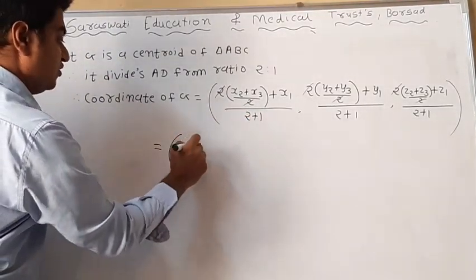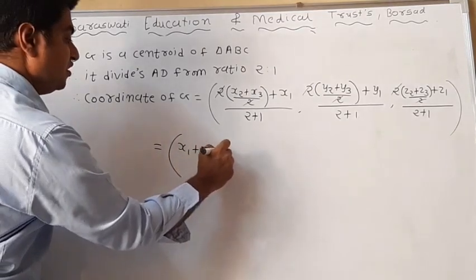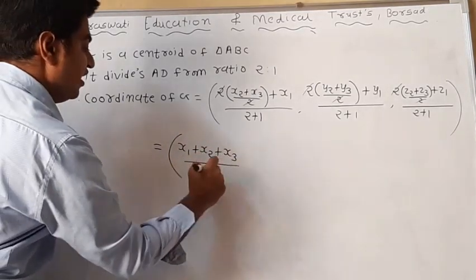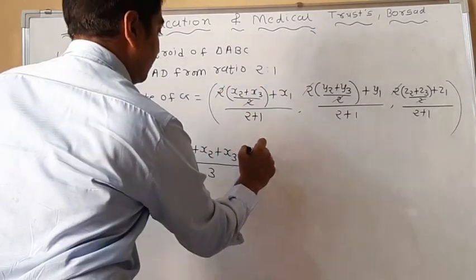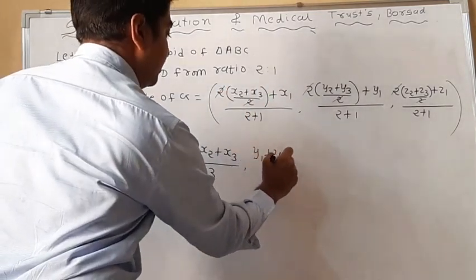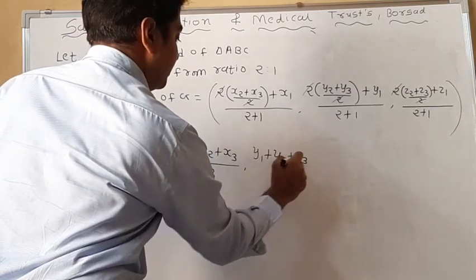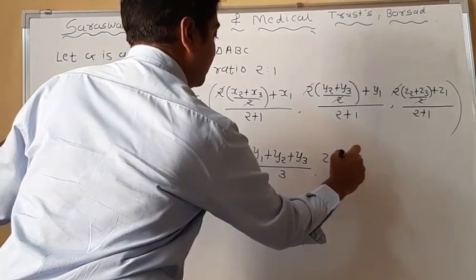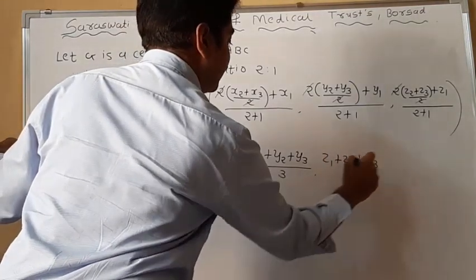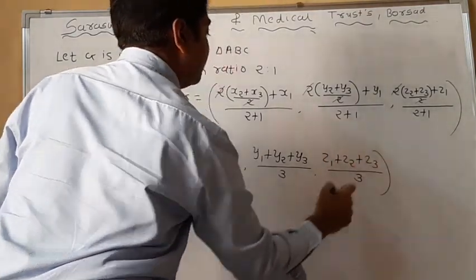So (x1 plus x2 plus x3) divided by 3, comma. Similarly (y1 plus y2 plus y3) divided by 3, comma, (z1 plus z2 plus z3) divided by 3. Clear?